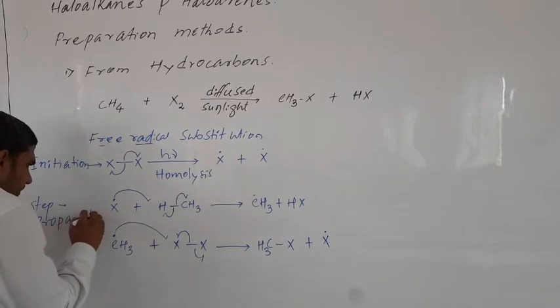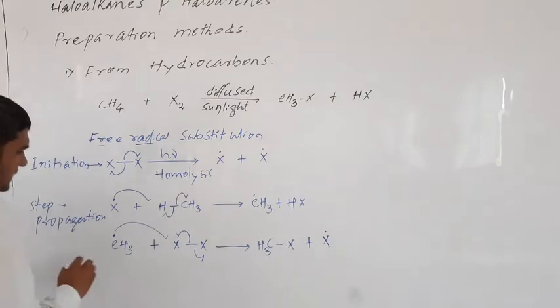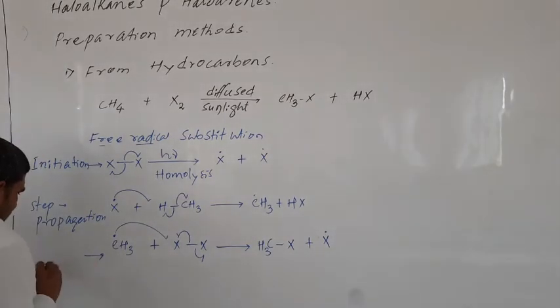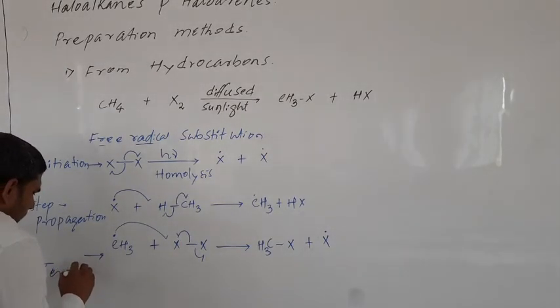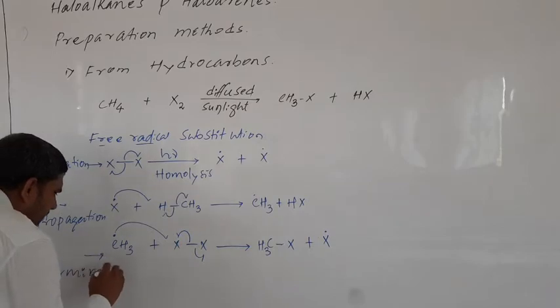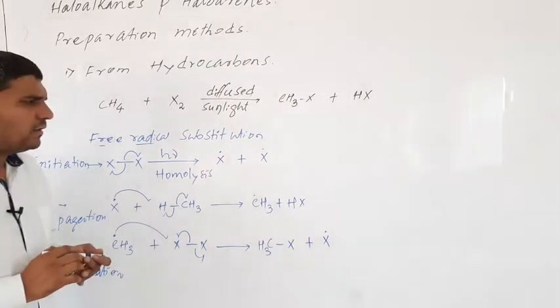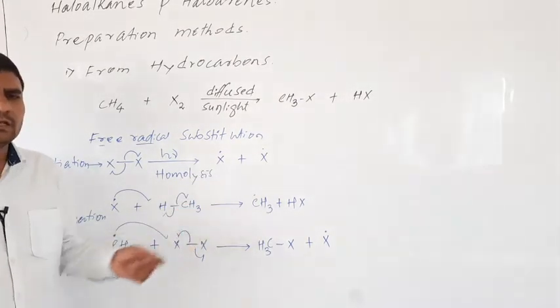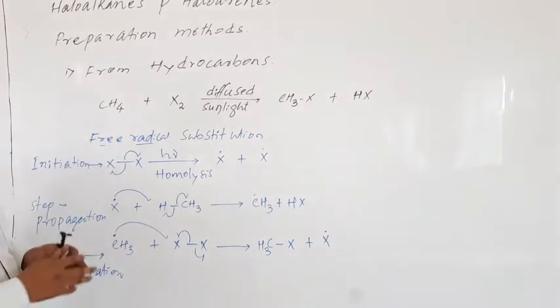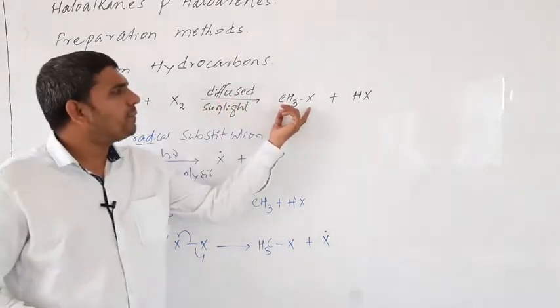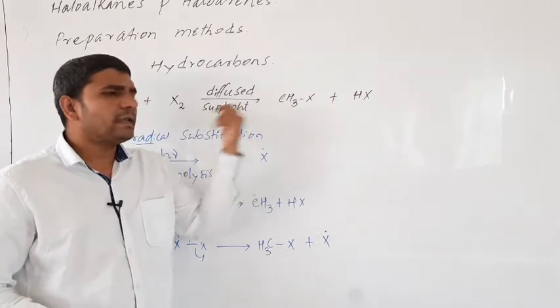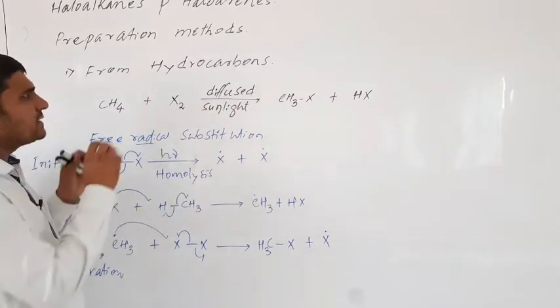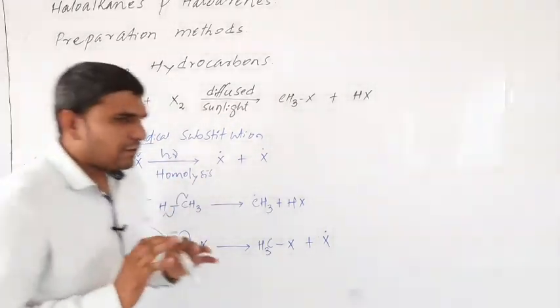Propagation. And this last step is known as what? Termination. I am just glancing at whatever you studied last year. No need to go into detail. You should know the mechanism of this reaction. This is how we can prepare haloalkanes. This is a simple example I have given.